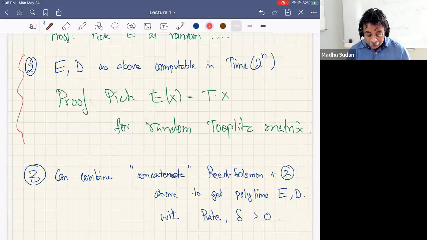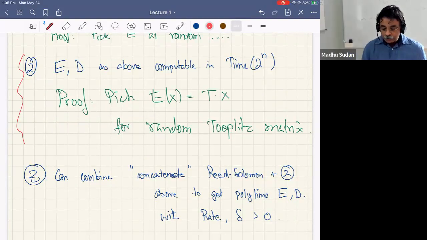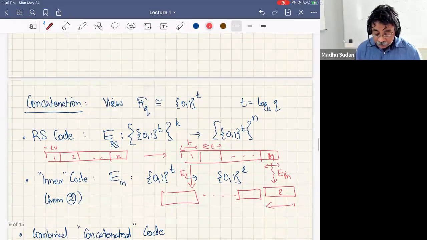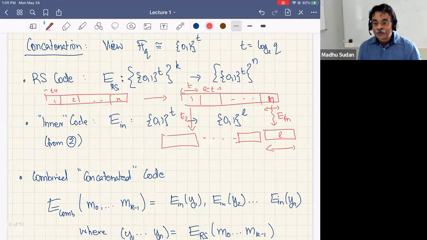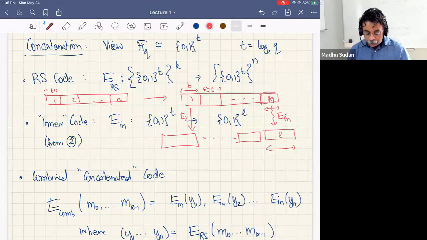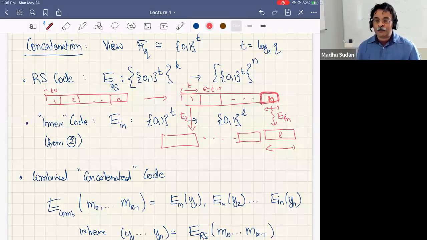Well, here I had to do a random search. I had to go over a space of 2 to the n possibilities. The 2 to the n has now become 2 to the order of log n, because I only need to find a code which will map order of log n bit messages to order of log n bit encodings. I can search in the space in time polynomial in n.